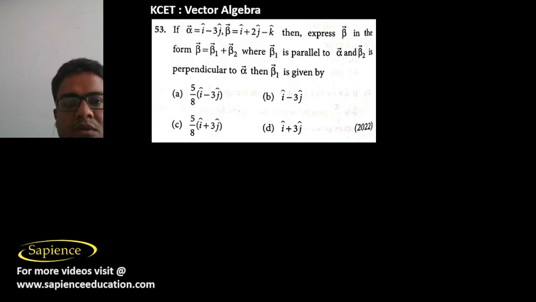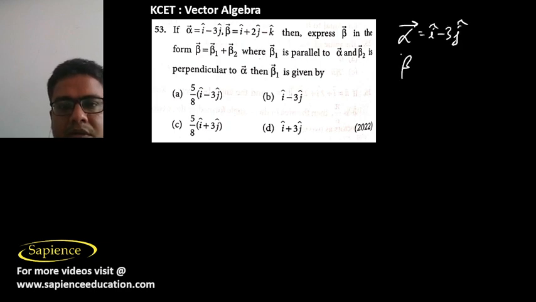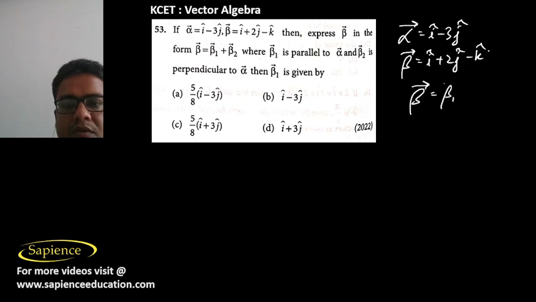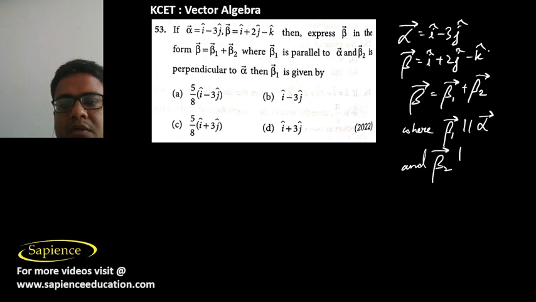Here it is told if alpha vector is equal to I cap minus 3j cap, and beta vector is I cap plus 2j cap minus k cap, then express beta vector in the form of beta 1 vector plus beta 2 vector, where beta 1 vector is parallel to alpha vector. Beta 2 vector is perpendicular to alpha vector.